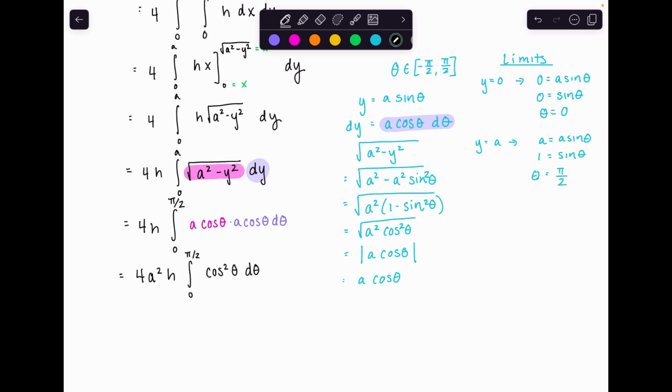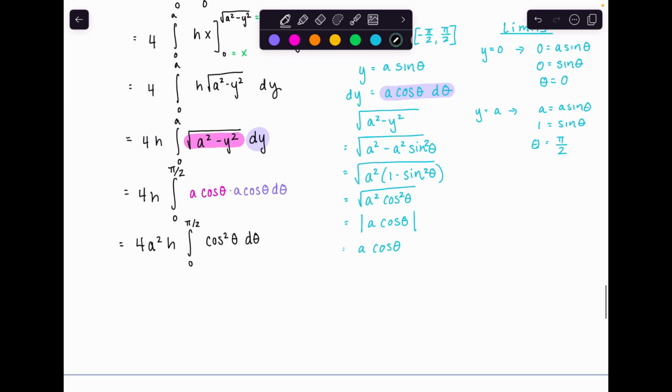And if you remember one of your trig identities here, to integrate cosine squared, we'd have to use that it is 1/2 times 1 plus cosine of 2 theta. And now we can go ahead and integrate, and I can also pop that 1/2 out front and condense it with the 4. So this is 2a squared h.